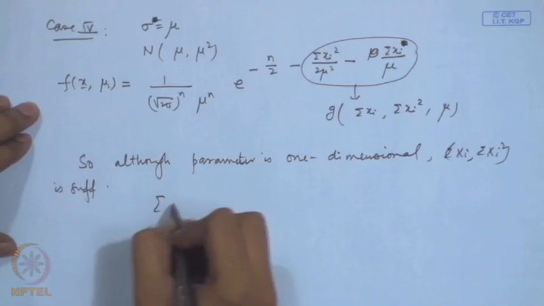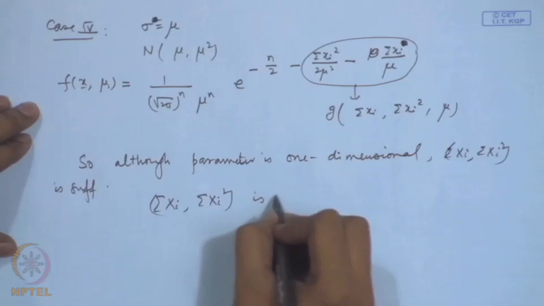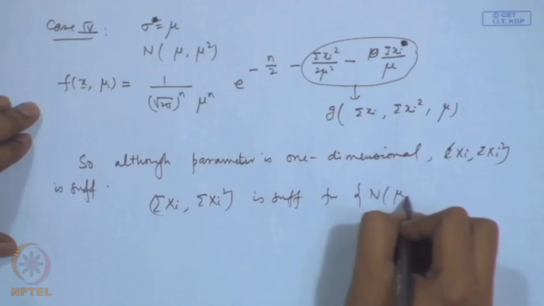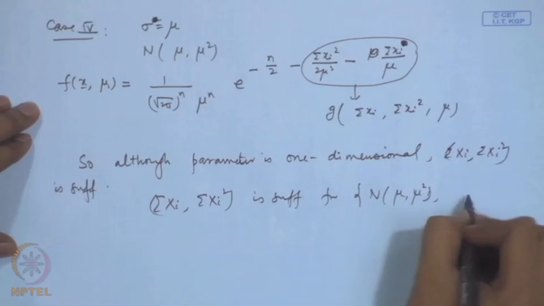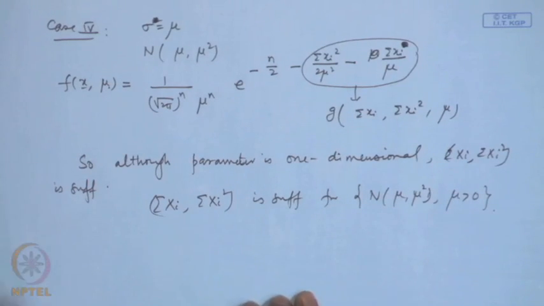So, again the statement is the same, that is sigma x I square is sufficient for this family normal (mu, mu square). Of course, we may put mu greater than 0 here. So, sufficiency is a property of the family of distributions.